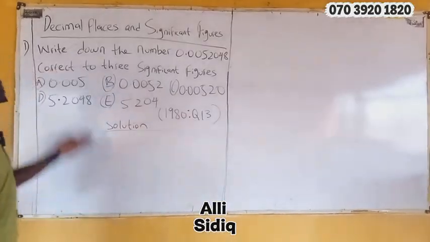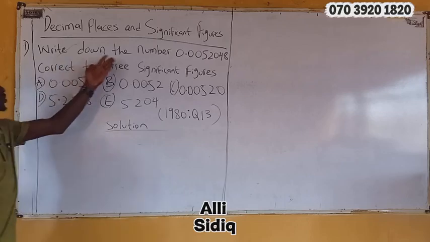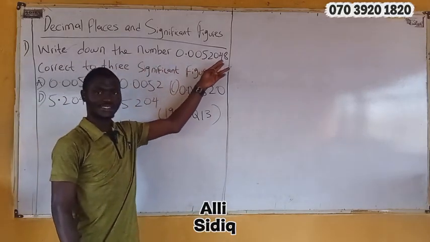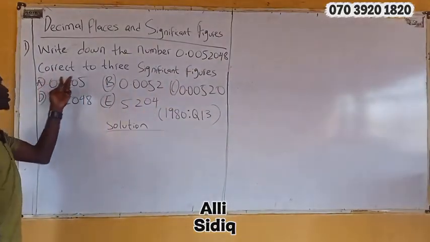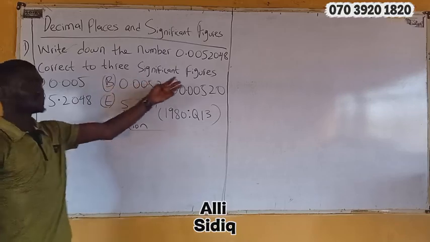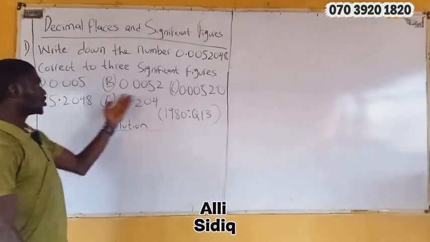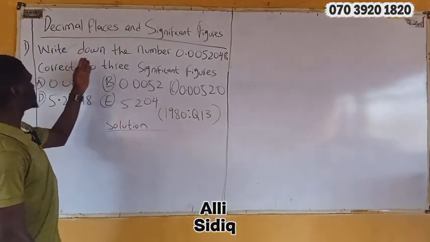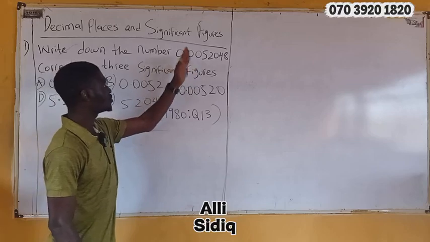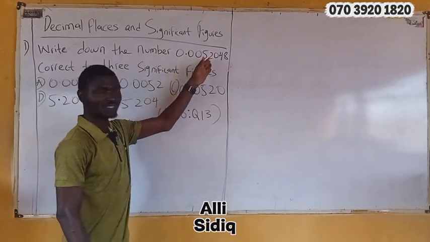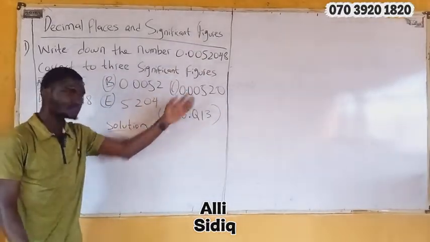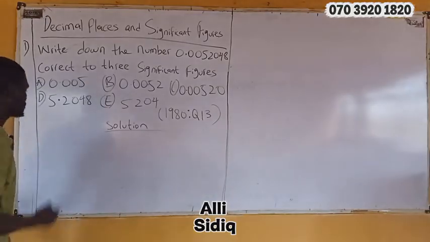And it says, write down the number 0.0052048 correct to 3 significant figures. These are the options. Now, how do we start? You take this particular number to 3 significant figures. Now, let's bring it out.